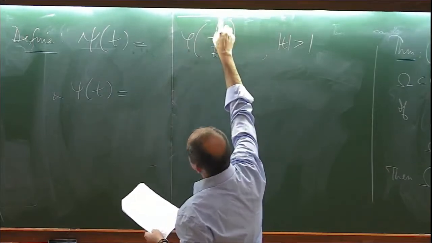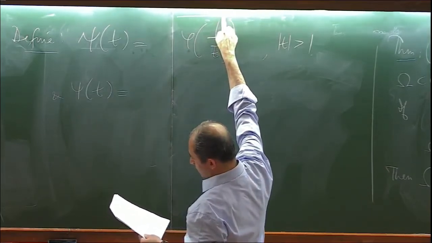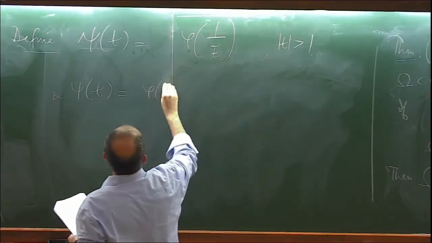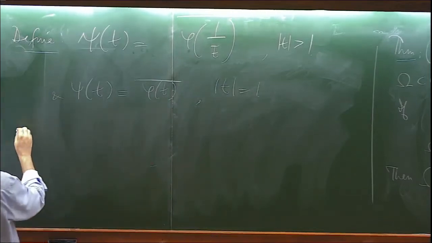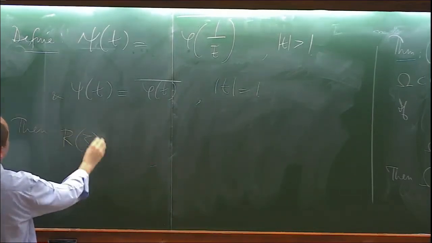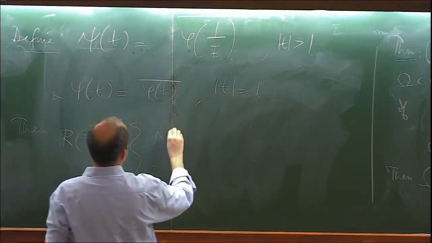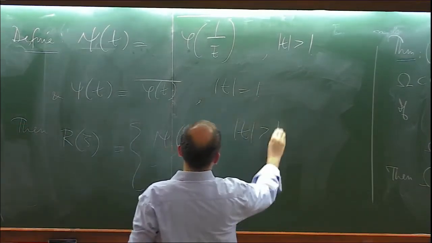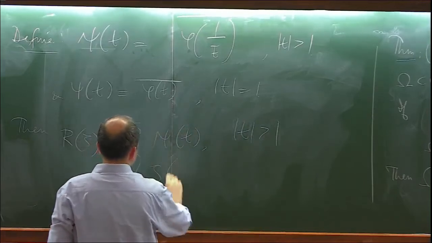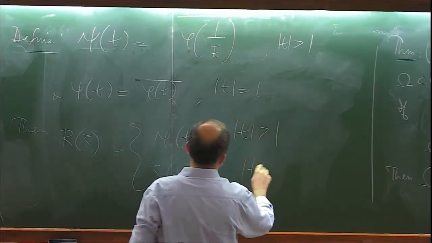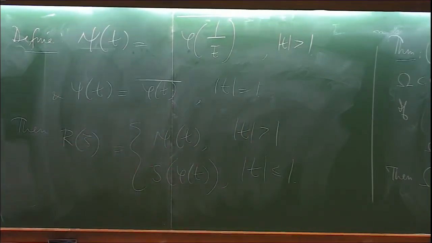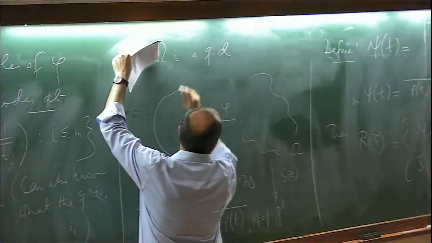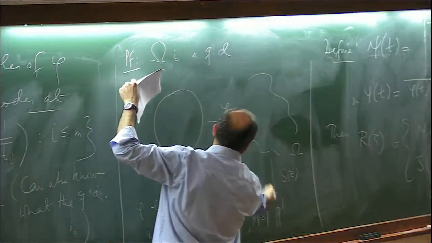So this is phi of t bar, and phi of t bar is the value at mod t equal to 1. Okay. So then look at this function r of zeta which is equal to psi of t outside and it's equal to s of phi of t inside. Yeah, so we've created two new functions. One is just reflect this phi, this is psi, and on the inside I'm just composing these two functions here, s composed with phi.